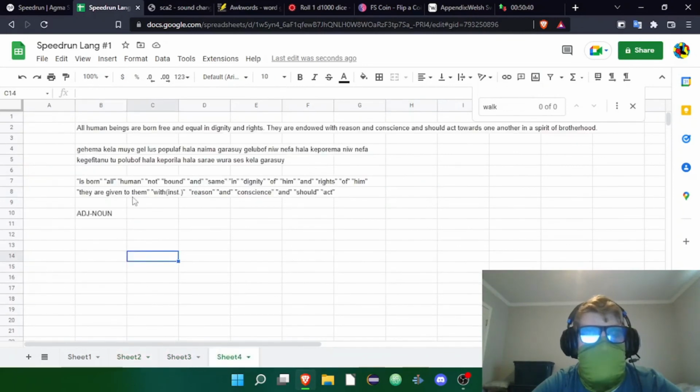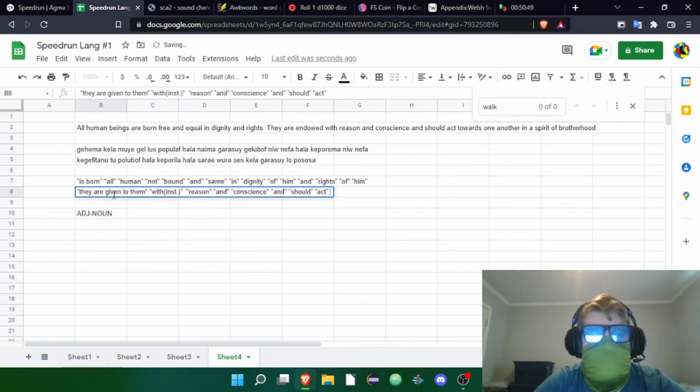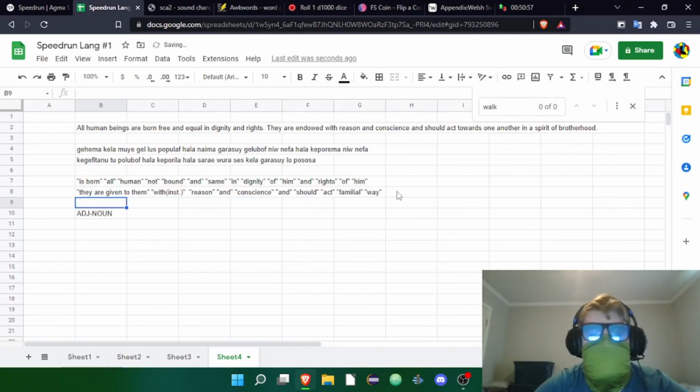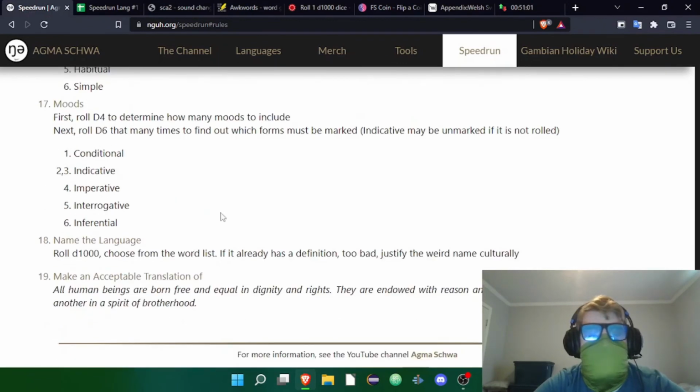So it'd be lo pososa, meaning blood path. Lo pososa, but blood would be in the figurative sense, so familial way. All right, and that's it.